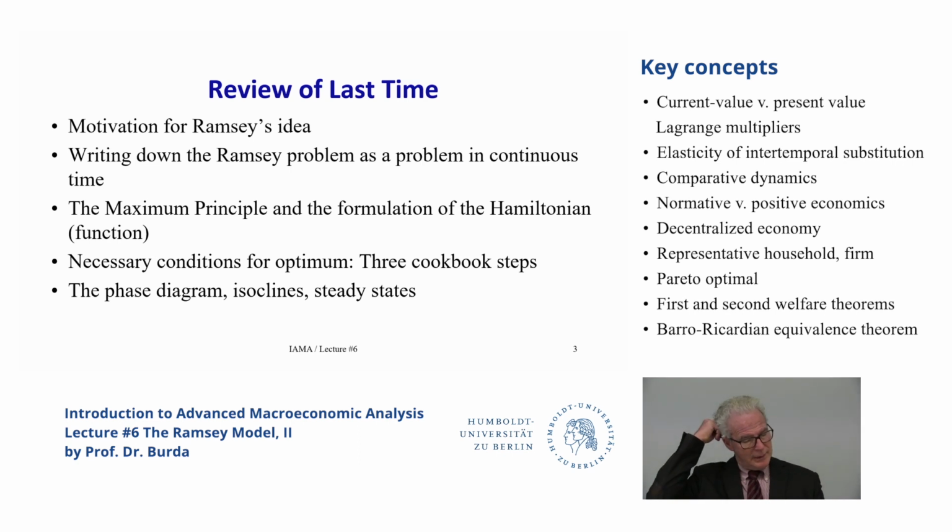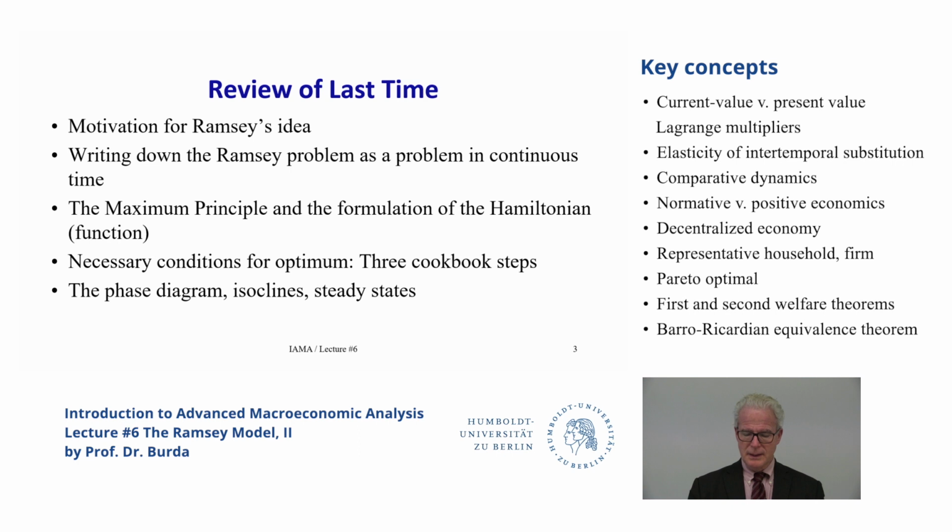And rather than doing a lot of mathematics, I sort of appealed to some general results that the crossing point would be stable under the conditions we've studied, but it would actually be saddle stable in the sense that there's exactly one path that leads to the steady state.